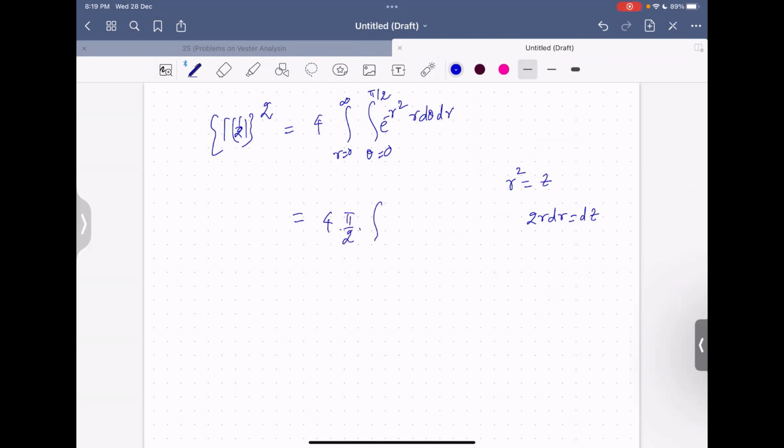That gives me pi by 2, and r goes from 0 to infinity, so z goes from 0 to infinity, and e to the power minus z, and r is z to the power half, and dr is 1 over 2 r to the power minus 1 dz. Which means it gives me pi, integral from 0 to infinity, z to the power half. r is nothing but z to the power half, so r to the power minus 1 is z to the power minus half.